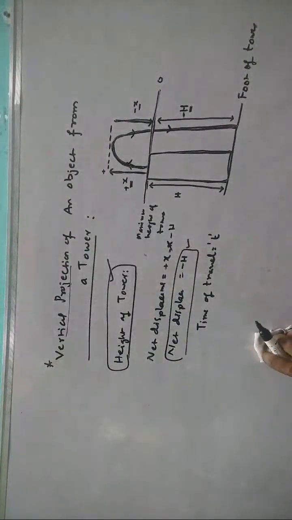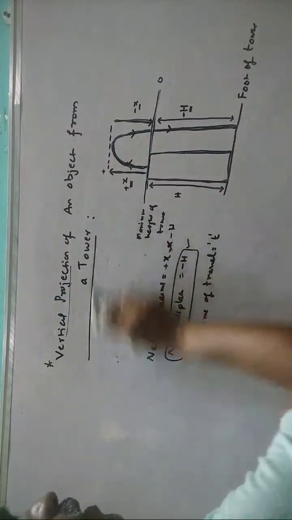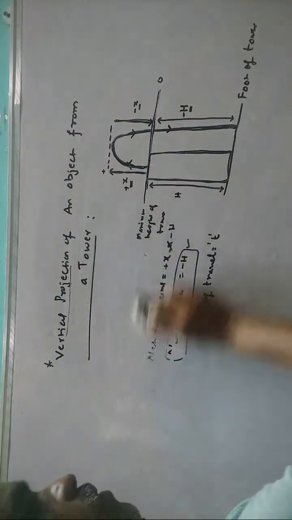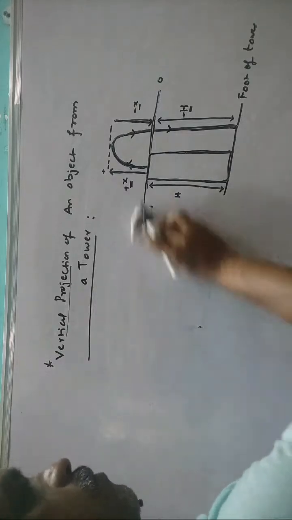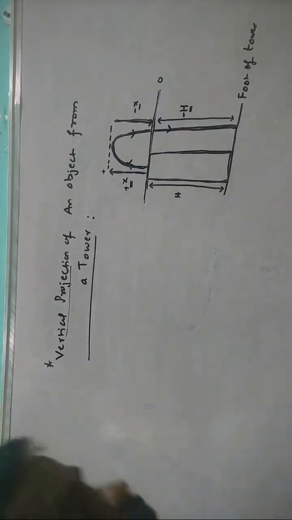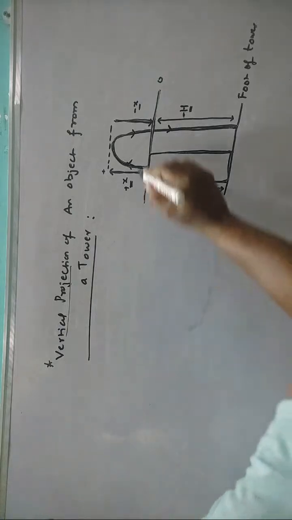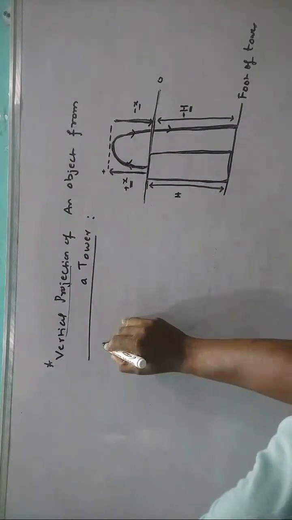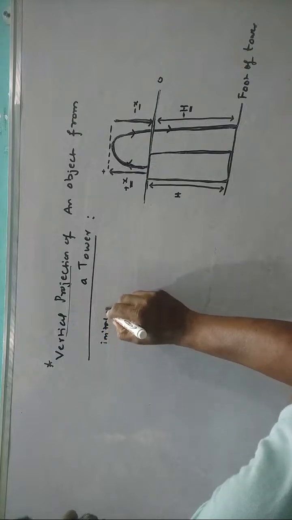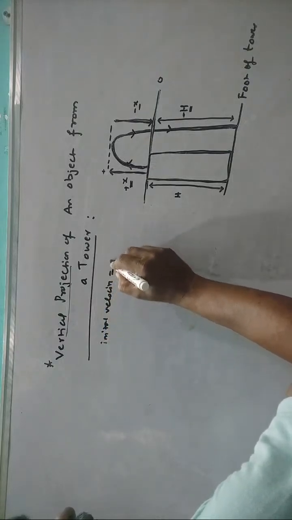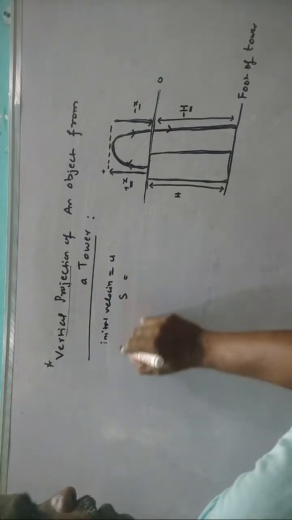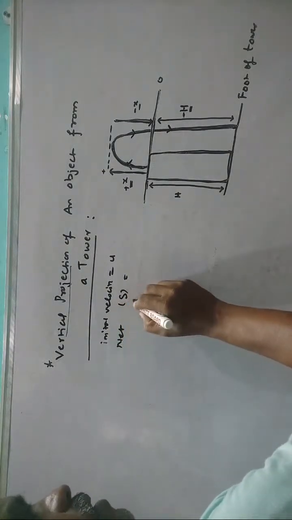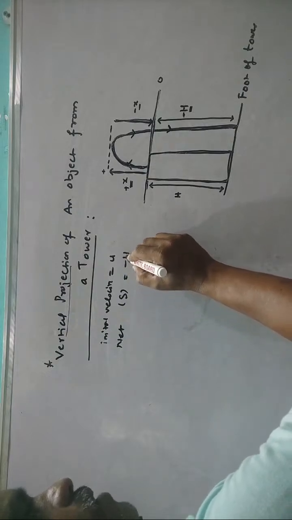Okay. Now, for this situation, we are going to calculate the height of the tower. Already you copied the picture. So the initial velocity with which we projected is u. Net displacement is s equal to minus h.